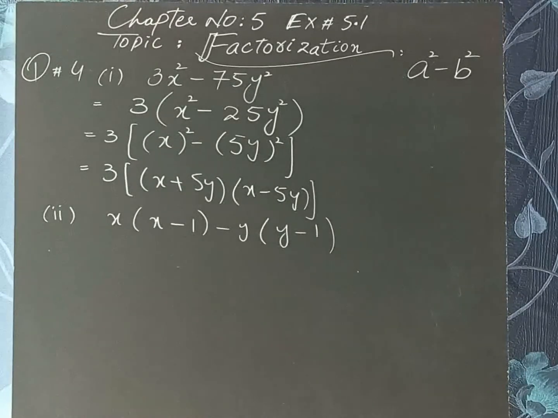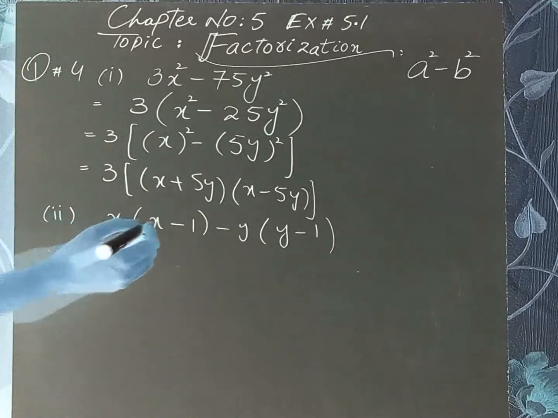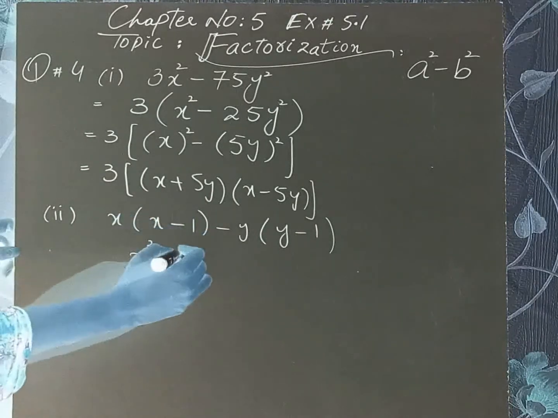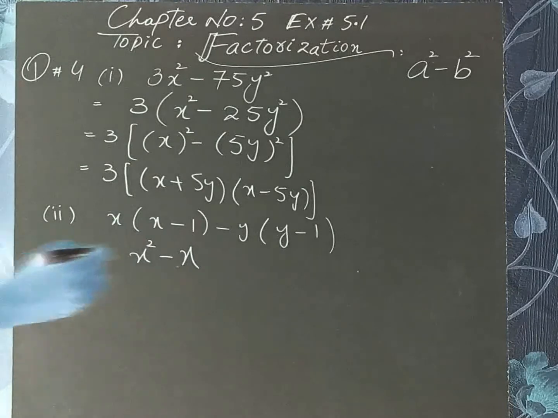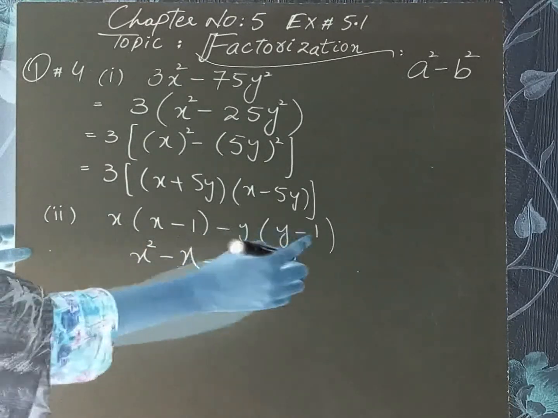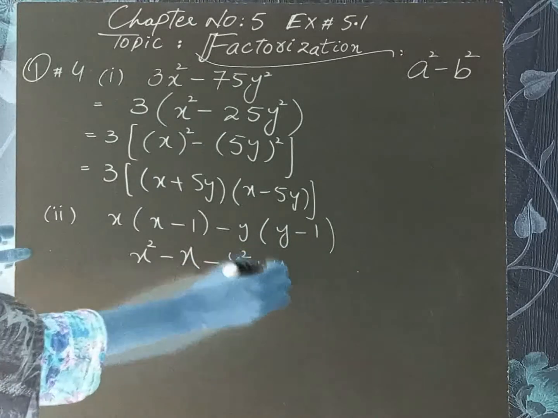Again students, you can see here the brackets. When there are brackets, first of all we have to open these brackets. So x multiplied by x is x squared. x multiplied by 1 is x, minus y multiplied by y is y squared, minus minus plus y, 1 times y.